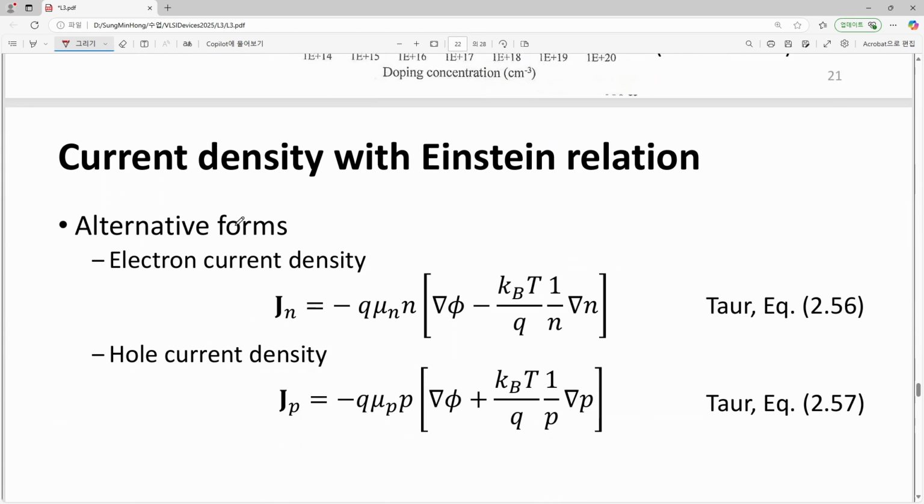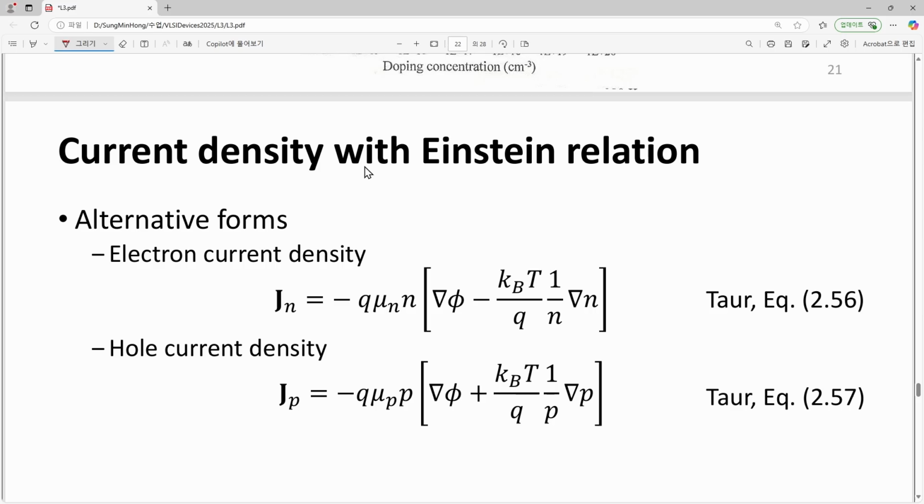Okay, so if we introduce this Einstein relation, then we can find a further simplification. Let's consider this one. The electron current was given as q mu_n n E plus q D_n gradient of n. By applying the electrostatic approximation for this electric field, we can say minus q mu_n n gradient of phi.